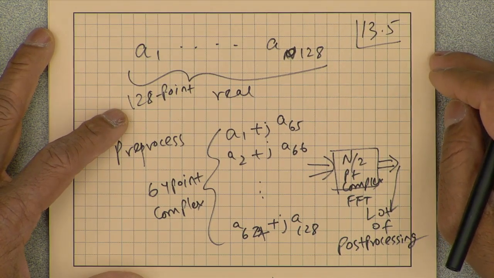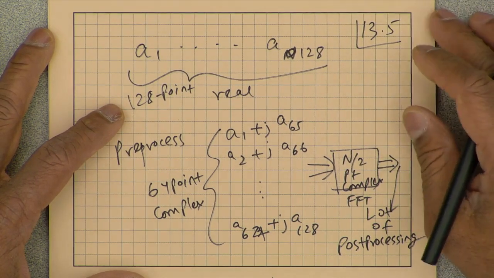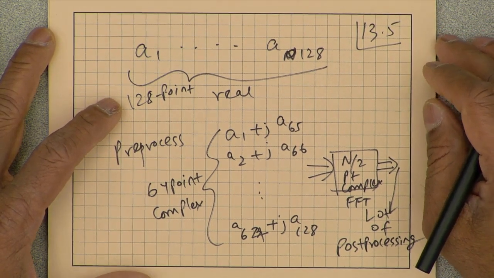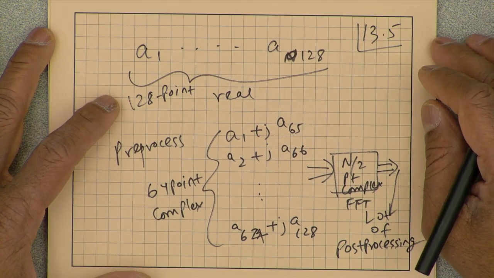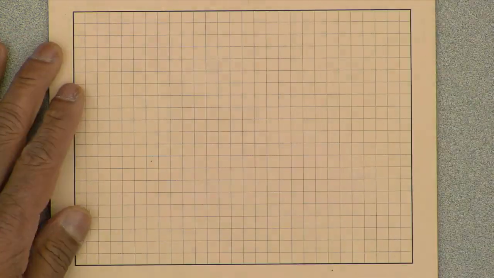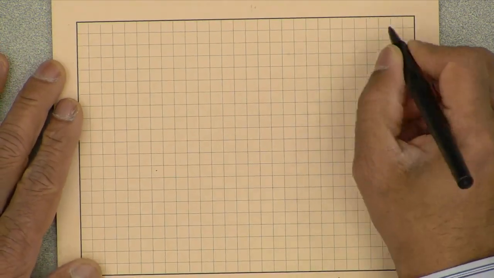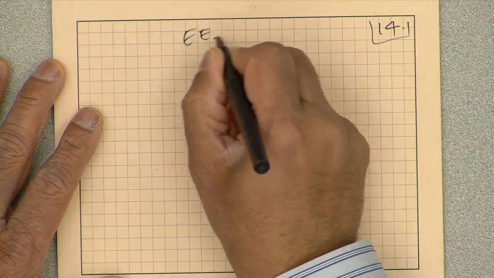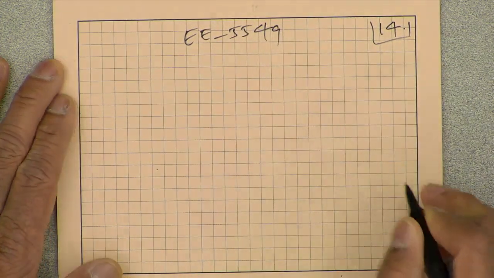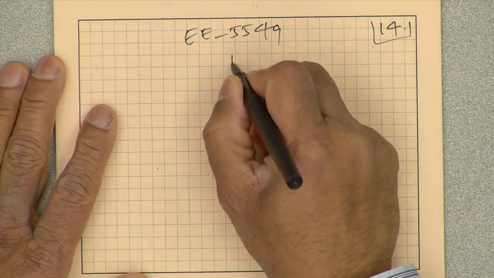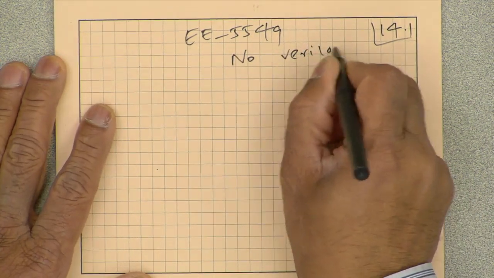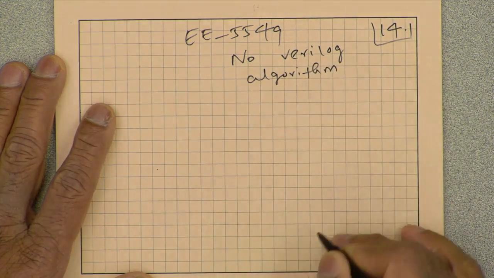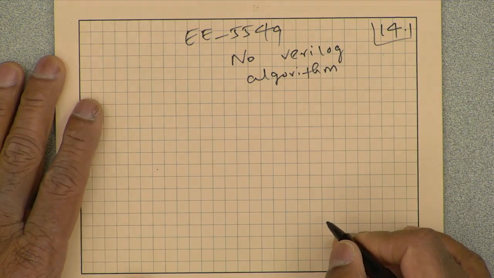By the way, those of you who are wondering what the next semester class will be about, that's a lot of the chapters that I want to teach. If you are thinking about taking the EE 5549 class, that is a very different class from this class. No Verilog, and that is really more an algorithm class. The class that you are taking right now is mostly in architectures.